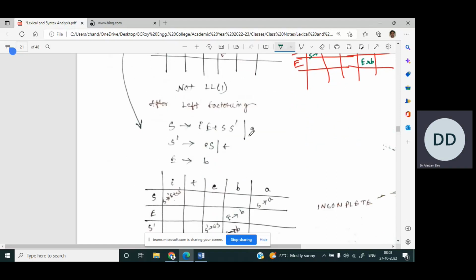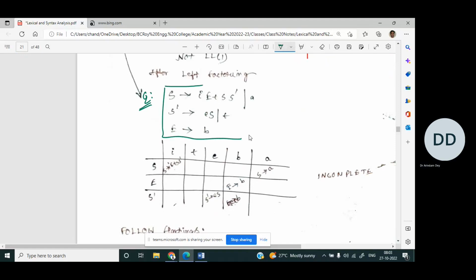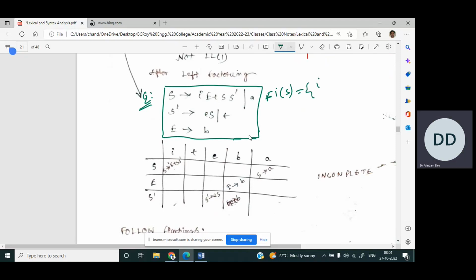But once the grammar is left factored, you know how to left factor the grammar. The same grammar is there. If you have forgotten the property, you should check. That is very simple. Here is the same grammar after performing the left factoring. Here, if I'm calculating the first of S, then it will be i and small a.